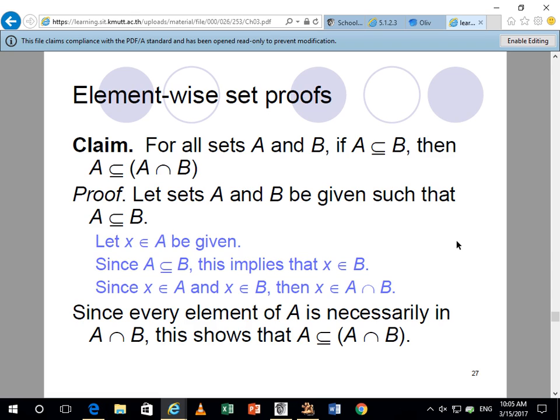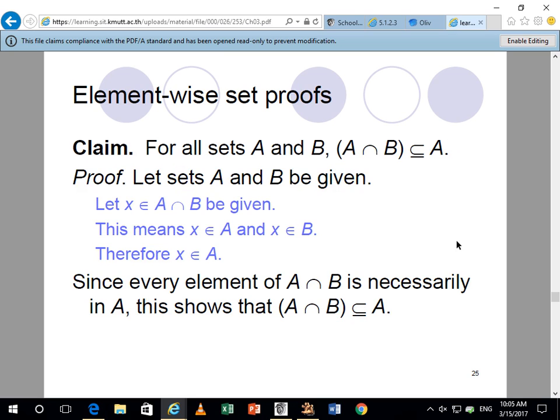So for this to be true, we need to show A intersect B is a subset of A, and A is a subset of A intersect B. For equality, right? This is by definition. So we've shown that this is true.